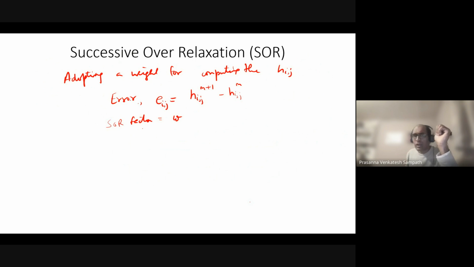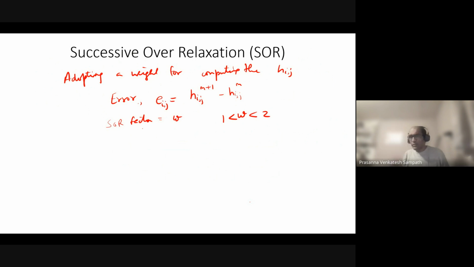Now this over relaxation factor, or this weight, typically lies between 1 and 2, right? When it is equal to 1, there is no relaxation. When it becomes greater than 1, the system is called over relaxed. And of course it's supposed to remain less than 2.